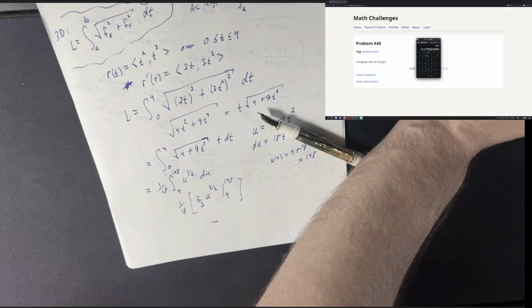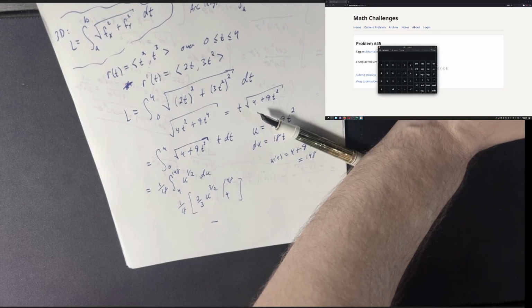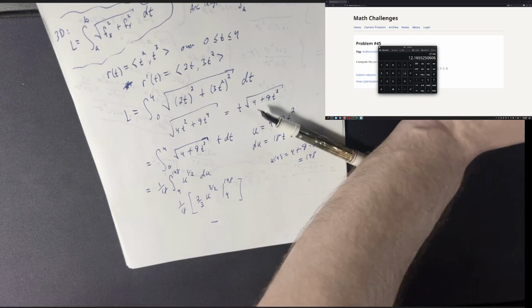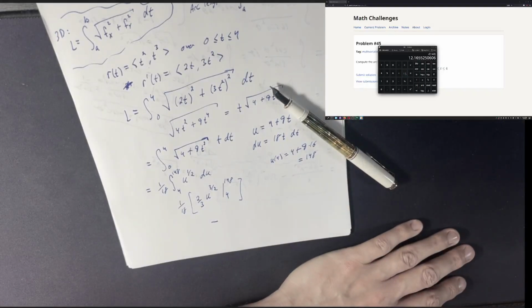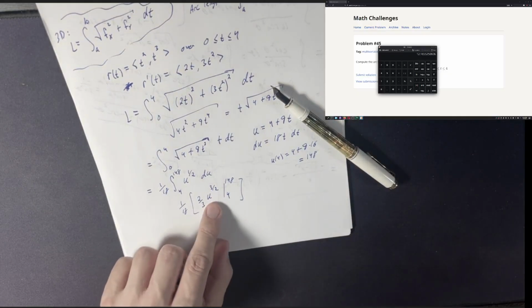Man, it would help if I knew how to use this calculator. There we go. 148 square root. Why does it do that? Square root. I see. Sure. Anyway, that's the square root of 148.